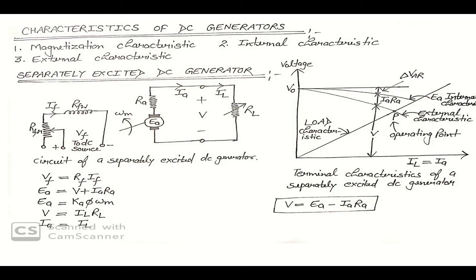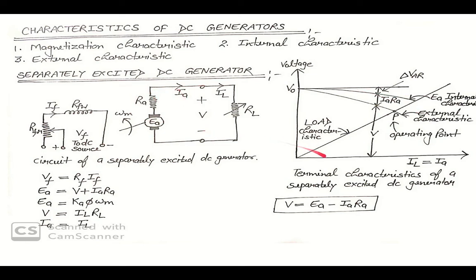With the help of this graph, we are saying there is a voltage drop IA RA across RA. RA means resistance of armature.